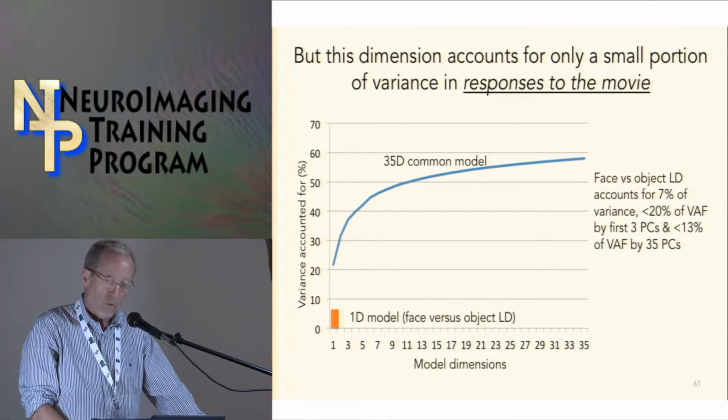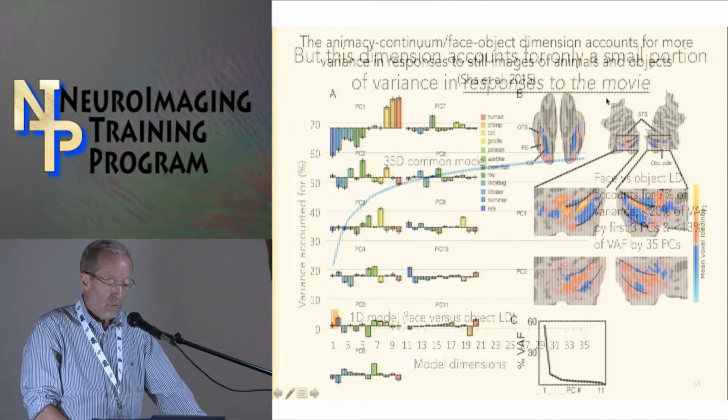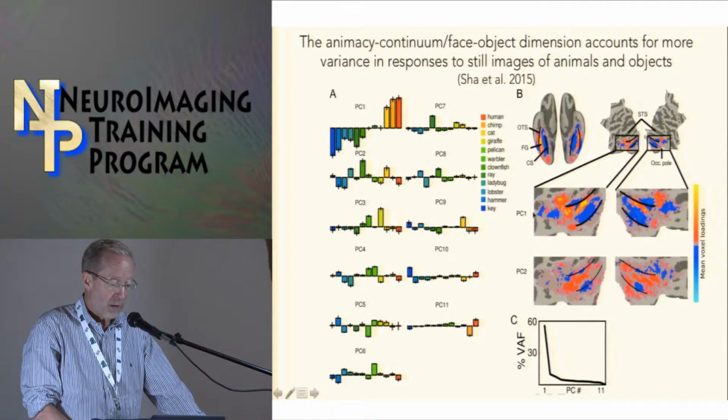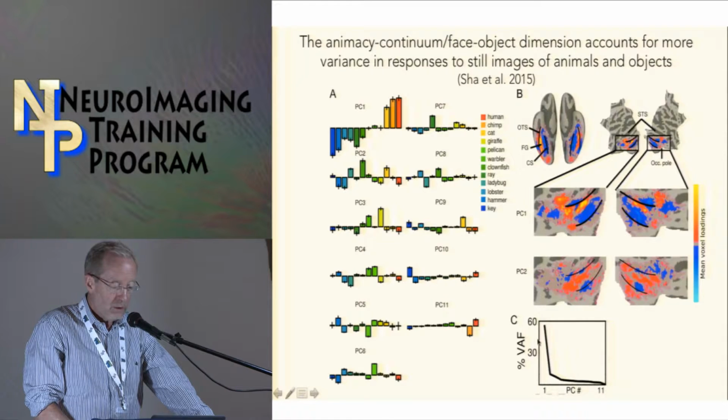So let me try to drive this home a little bit and bring back the idea of stimulus sampling bias. Because remember, what we're accounting for here now is the responses to the movie. We're not accounting for responses to still images. If we look back at our data from Haxby's paper, where he did have still images of these 10 animal species and hammers and keys, and we do a scatter plot of the variance accounted for, the first dimension accounts for a much larger portion of the variance, okay?